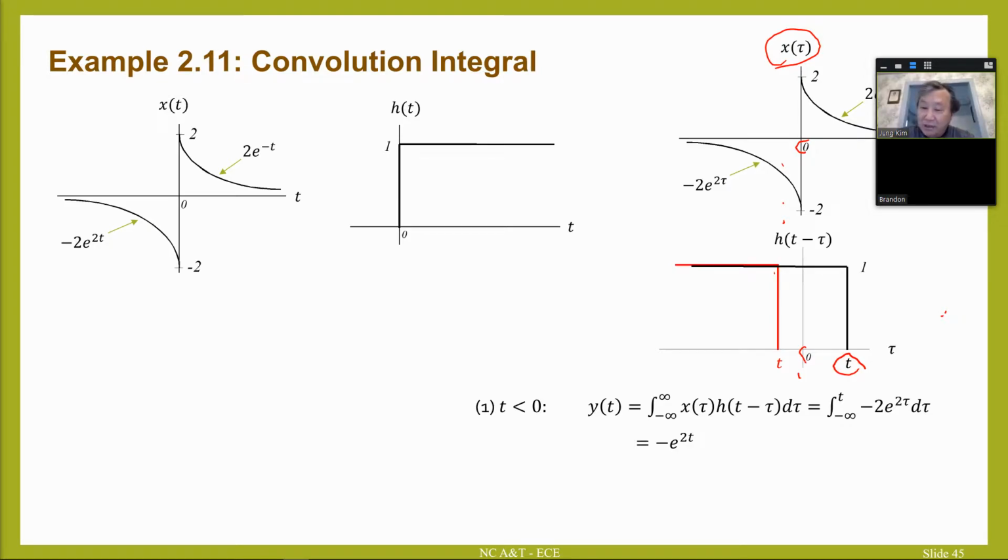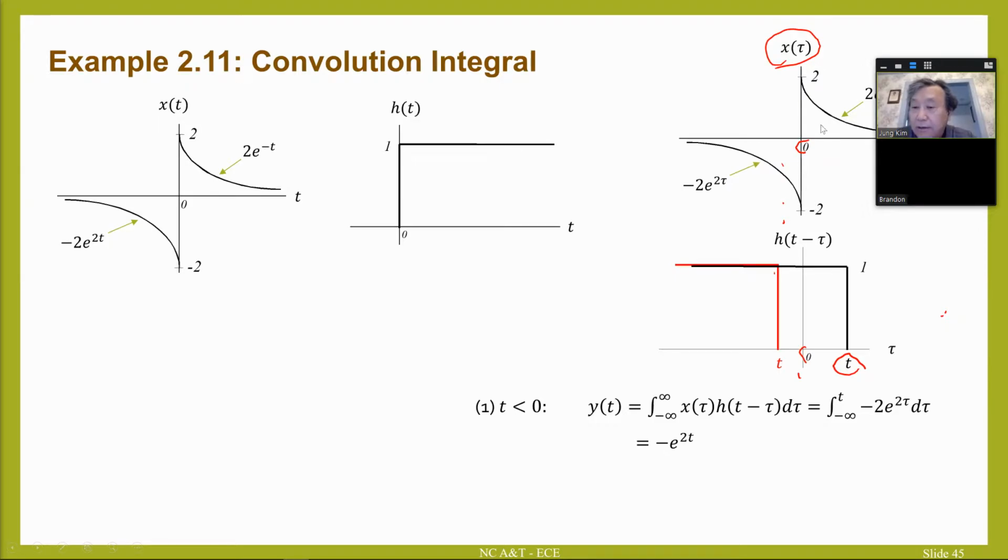So this comes from minus infinity. Look at the black one, because of this t. The function x of tau is two functions. One function is on the left side of the y-axis, and it is completely overlapped from minus infinity to 0.